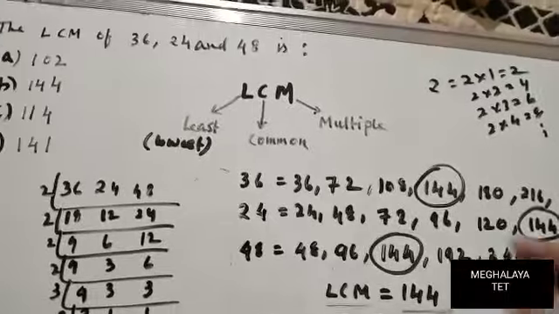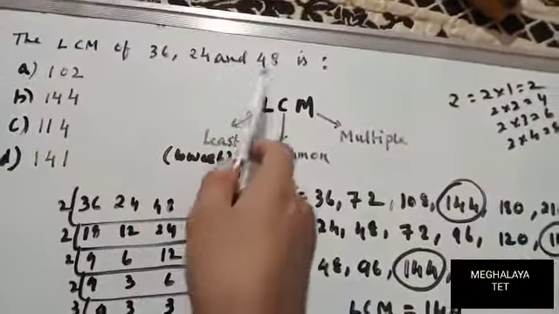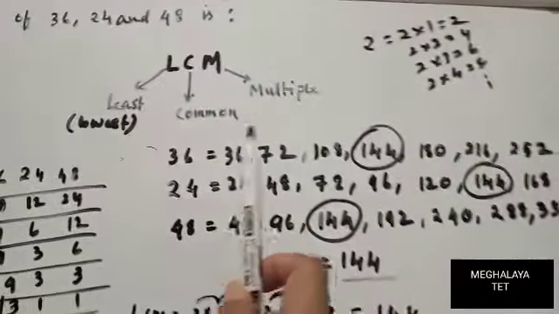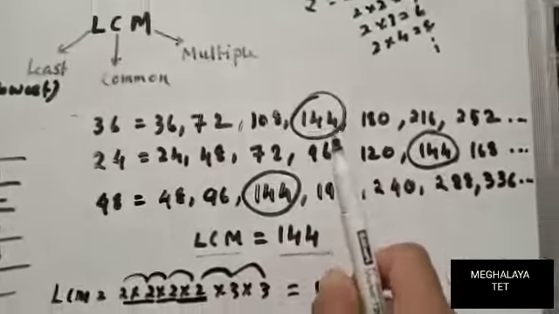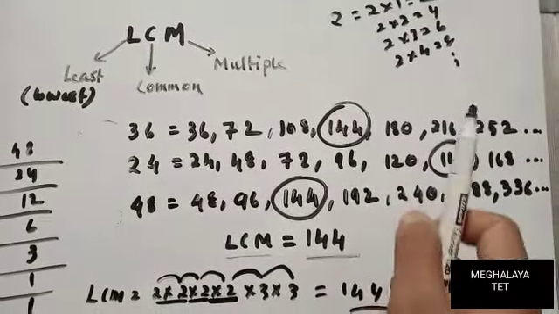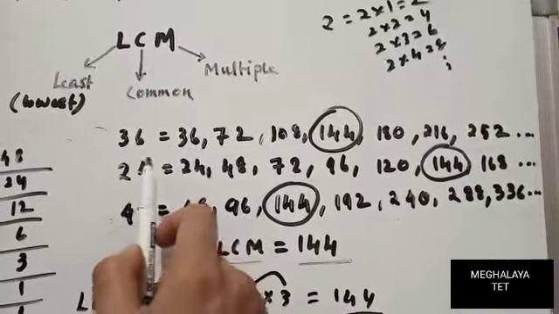In order to find the common multiples between these three numbers 36, 24 and 48, we just have to write down the multiples. This is one method and there is another method. I'll explain this method first, and then we'll explain the division method next.